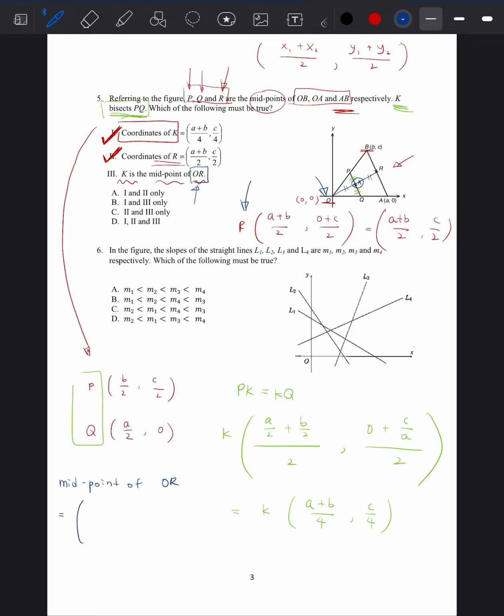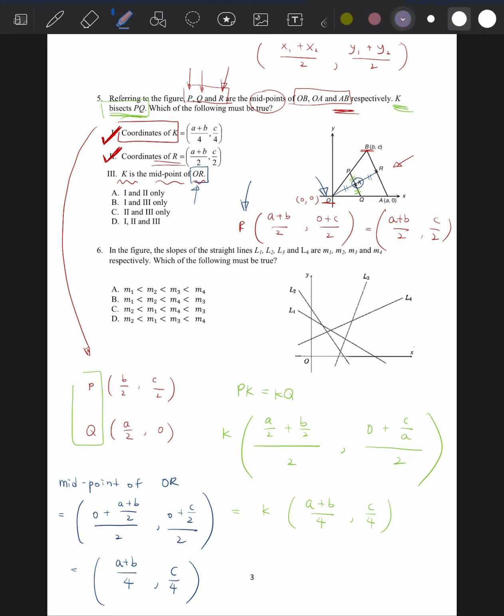So we will say 0 plus (A plus B) over 2, divided by 2, and 0 plus C over 2, divided by 2. And you simplify it, you get (A plus B) over 4 and C over 4.